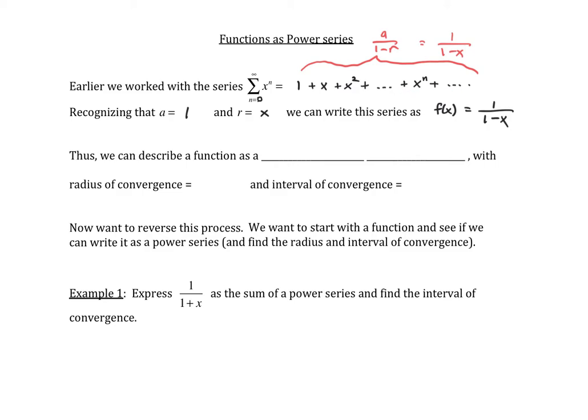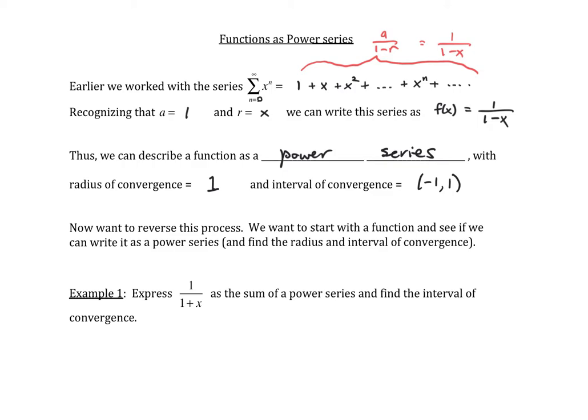Thus we can describe a function as a power series, with radius of convergence, in this particular case, of 1, and our interval of convergence going from -1 to 1.